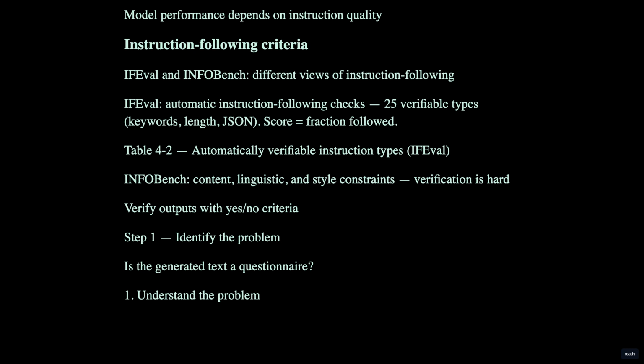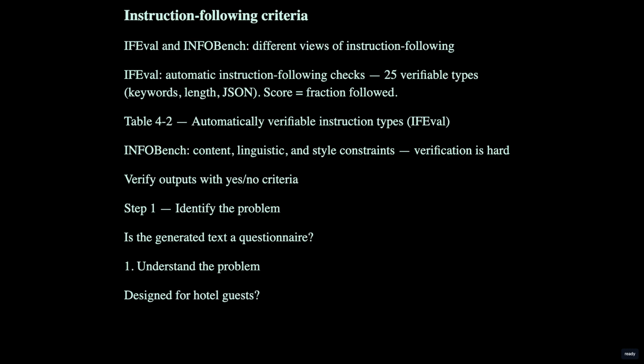Start by reading the problem carefully. Identify what is given, what you must find, and any constraints. Clarifying the goal before manipulating equations or drawing diagrams prevents wasted work and wrong approaches. This questionnaire can be aimed at hotel guests, but you should confirm its focus. For a hospitality context, include questions about room comfort, cleanliness, staff service, amenities, and check-in/out experience, and use guest-friendly wording and response scales. Also verify privacy language and make identifying questions optional.